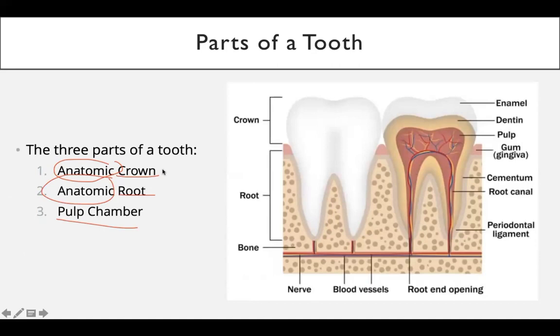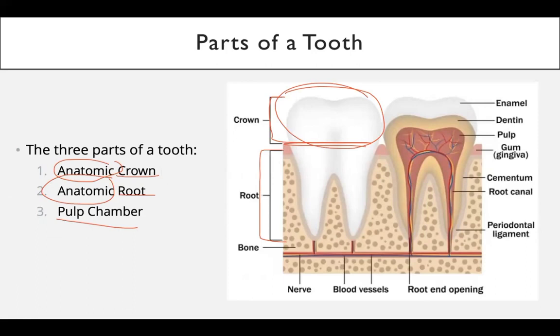Because this is anatomy. We are studying anatomy. Then there is root, which cannot be seen, which is inside, and the crown, which we can see outside. So eruption of the teeth is a process of crowning of the teeth, also sometimes known as crowning of the teeth.